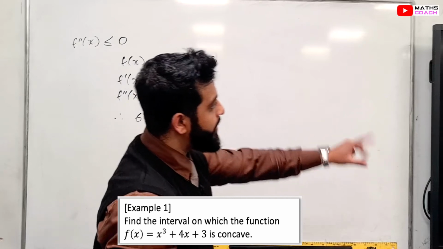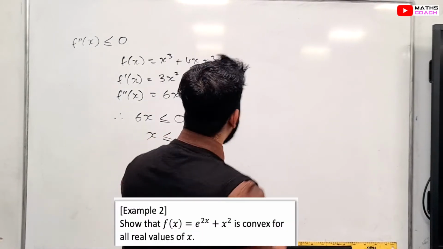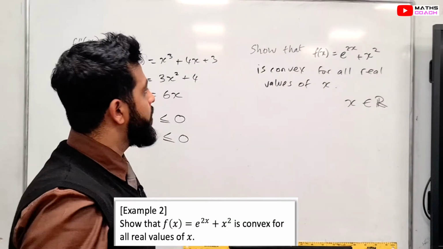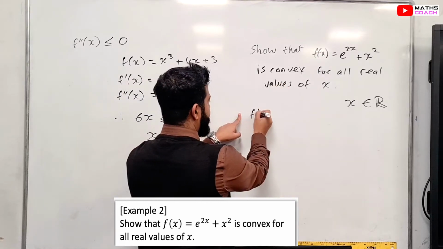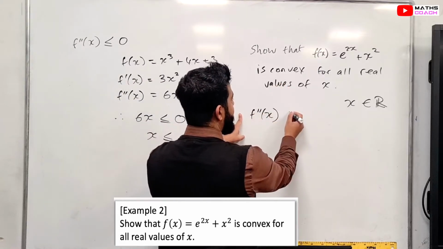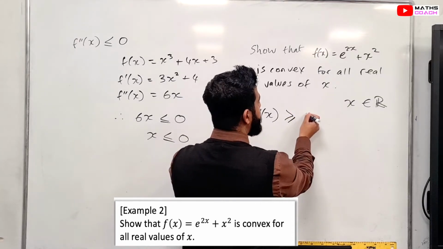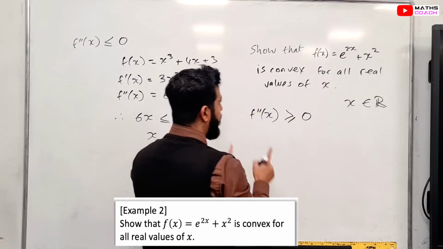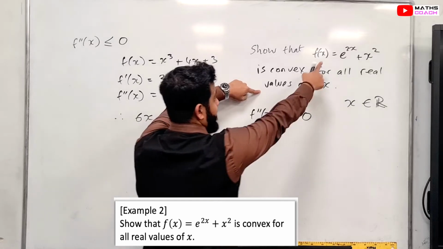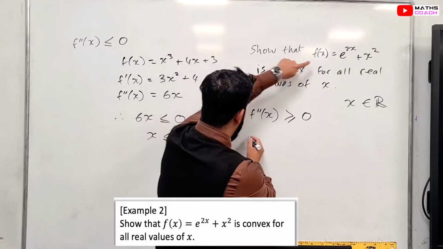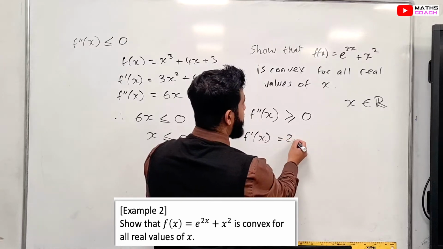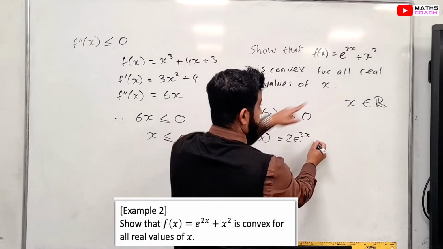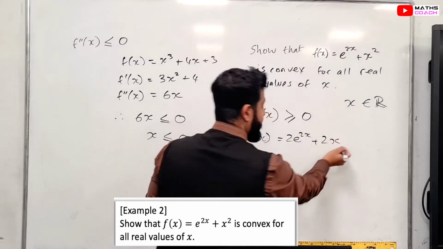So let's have a look at the next one. It says show that. So this is a show question. So step number 1. What have we been told about convex? That the second derivative has to be greater than or equal to 0. So therefore, we are going to find the second derivative of that. So if that's the original, the first derivative will be 2e to the 2x plus 2x.